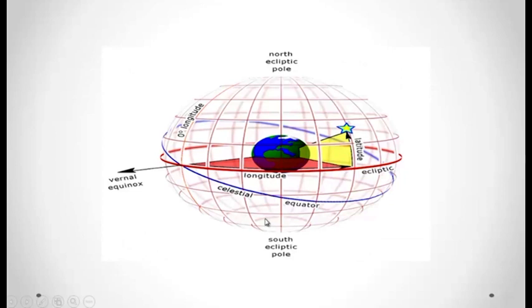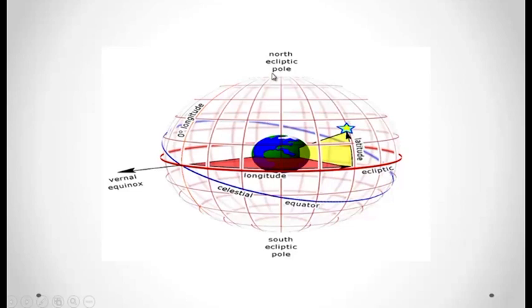Now, looking at this figure, you can see the celestial equator. The blue line is the celestial equator. This is the ecliptic. As I told, the ecliptic is the plane of the Earth's orbit or movement of the sun. The intersection of the celestial equator and ecliptic is the vernal equinox.